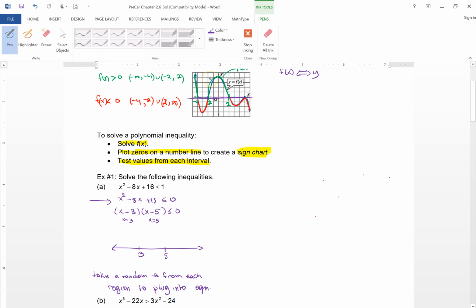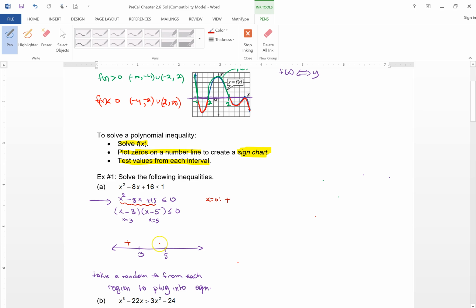Whenever I can, I plug in 0 because it's the easiest case. So when I plug in x equals 0 into here, do I get a positive or a negative value? Positive. So here in this region, 0 was from here, right? I say plus. This is my sign chart, all right?